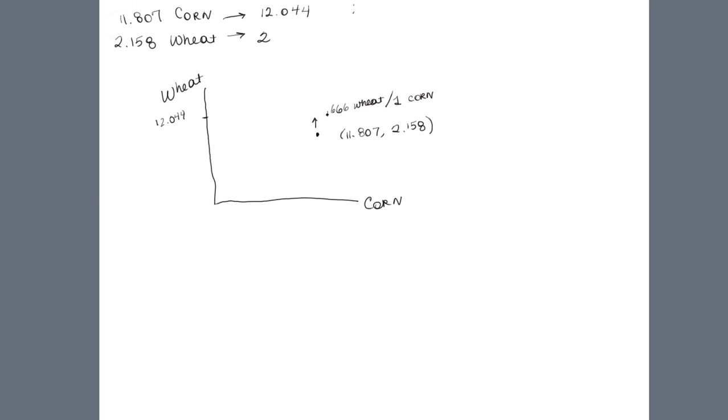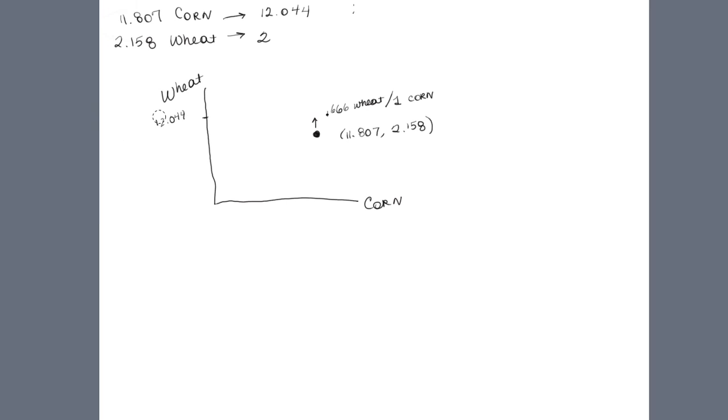So this is kind of like the other problem where we know that this point here is on the production possibility frontier, and we know that the production possibility frontier looks something like this. Oh God, that's terrible. And I'm going to actually erase this so we don't get confused.